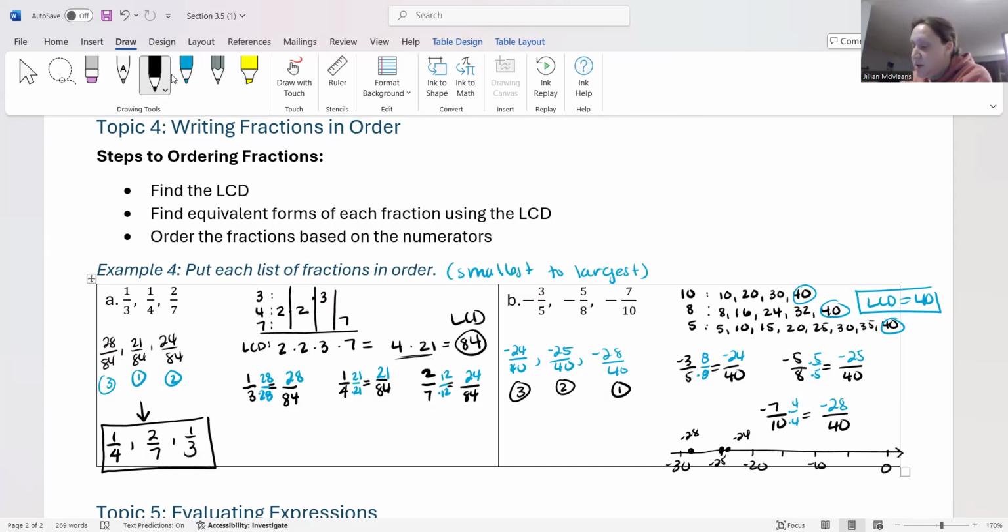So the smallest was negative 28/40, which lines up with negative 7/10. Next smallest was negative 25/40, which lines up with negative 5/8. And then finally, the biggest was negative 24/40, which lines up with negative 3/5. So there you have those numbers in order, smallest to largest. So again, it's a process. You have to find the LCD in equivalent forms, and then you just order them based on their numerators.